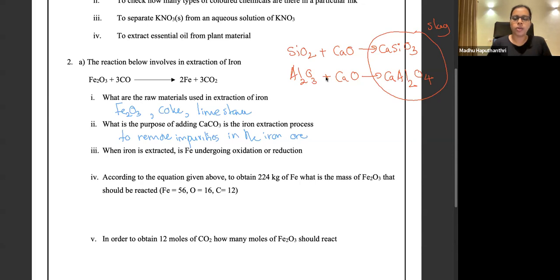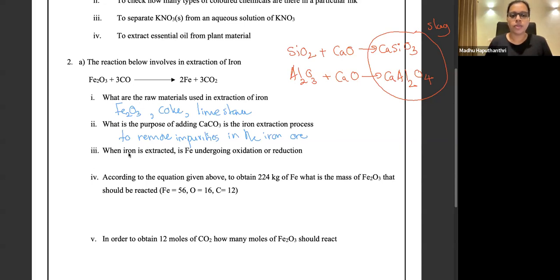So the only thing you need to remember is SiO2 and Al2O3. Silica and aluminum trioxide, or simply aluminum oxide. Right. Is that understood? The easy way to remember what is inside the slag. Okay.